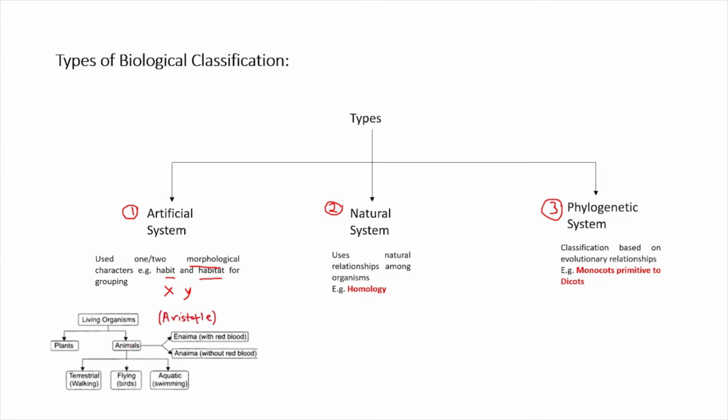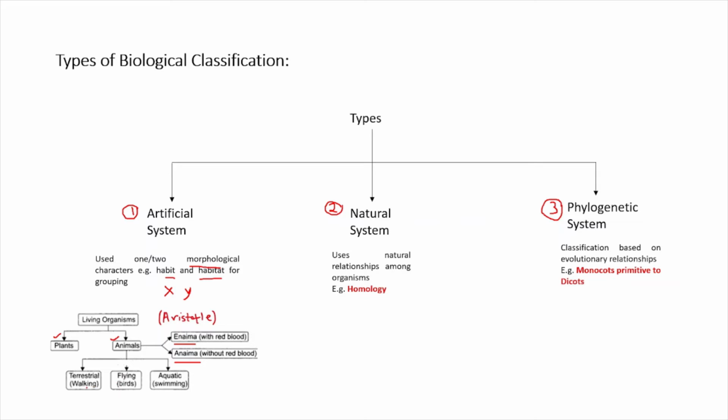So what did he do? He classified living organisms into two types on the basis of morphological characteristics. Number one, plants, and number two, animals. He divided animals again into two main subdivisions: Enaima, with RBCs or with red blood, and Anaima, without RBCs or without red blood.